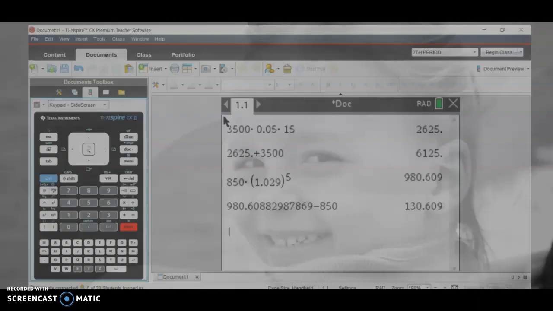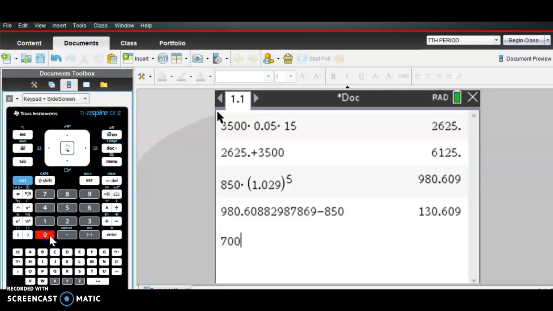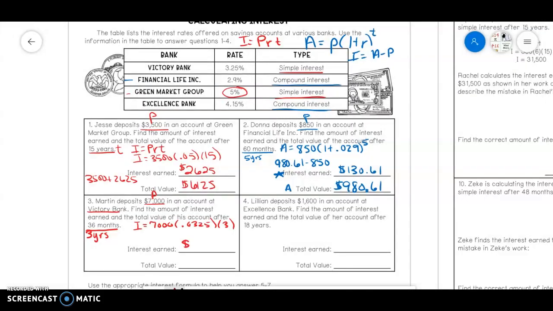So we can do 7,000 times 0.0325 times 3, $682.50. So that was our interest, and then our total is now we take the I plus that 7,000, and we can do that in our head. So $7,682.50.